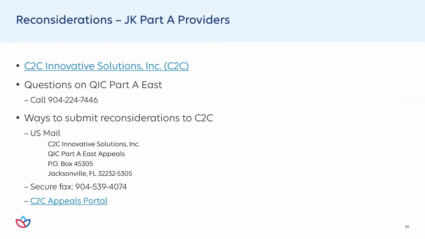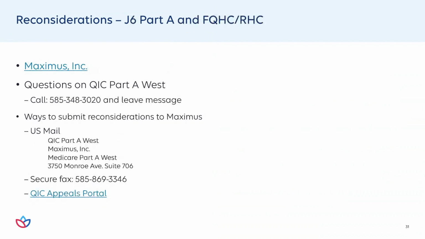They do have a phone number for questions, and there are different ways that you can submit reconsiderations to C2C Innovative Solutions. You could use the U.S. mail. We've provided their address. Secure fax, and the fax number is listed, and they also have their own appeals portal that you can use.